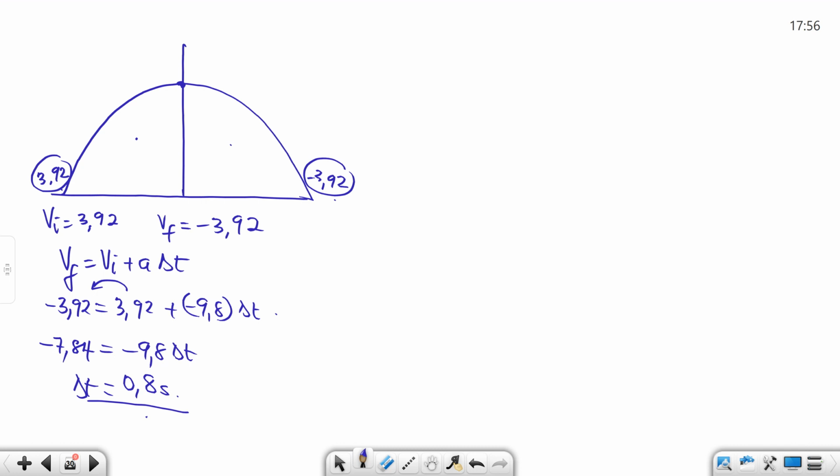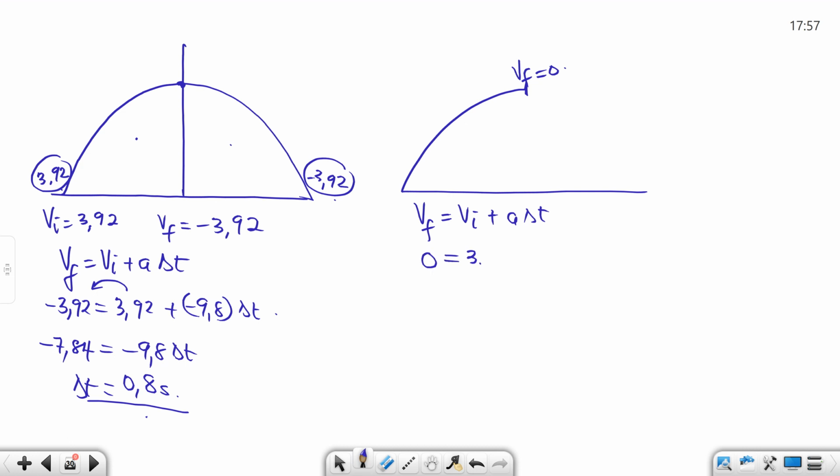If you use final velocity as 0, it means you only calculated up to half. So let's get the difference in those velocities. The velocity at maximum height is what? 0. So if I say Vf equals Vi plus a delta t, what would I have? 0 equals 3.92 plus negative 9.8 delta t.